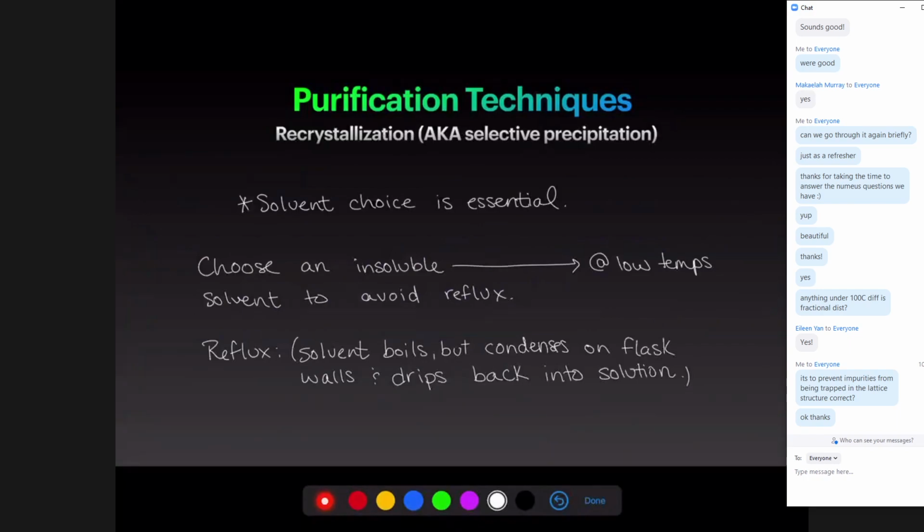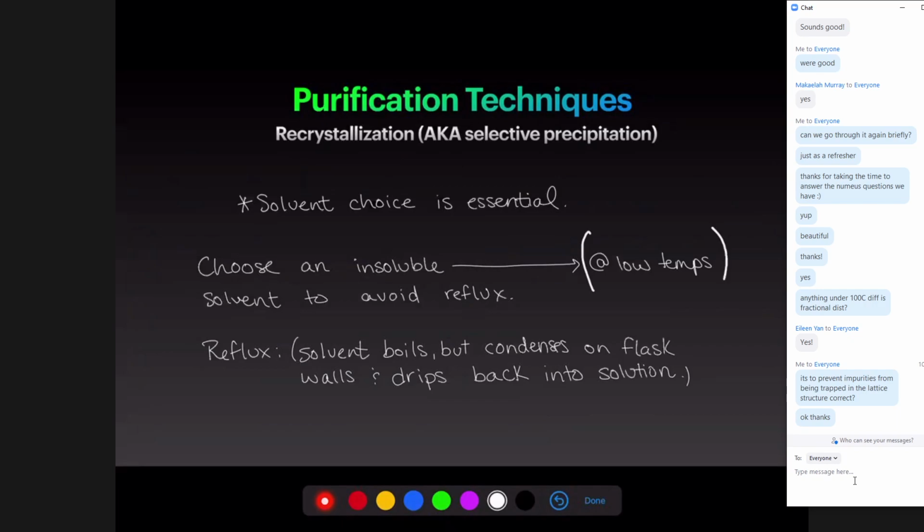So for recrystallization, your solvent choice is essential. You want to choose an insoluble at low temperature solvent to avoid reflux. That's the key for that part. And reflux is what someone said in the chat is having your pure go back into impure in the lattice structure.